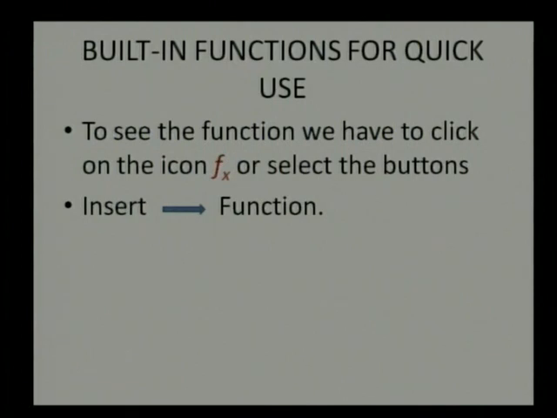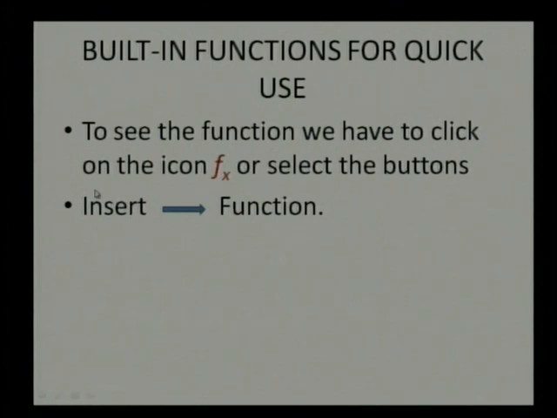To see these built-in functions, we have to click on this fx symbol. This icon fx is on the Excel screen. So when we click it and select that button, we can have the ready-made built-in functions, or we can insert these built-in functions by clicking on the insert menu, and in the insert drop-down menu again we have to select a function key.